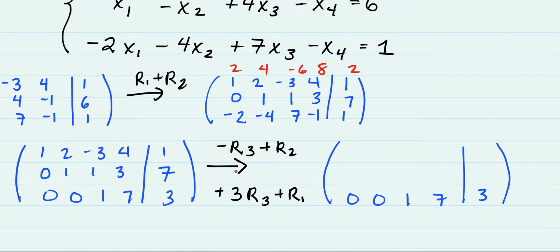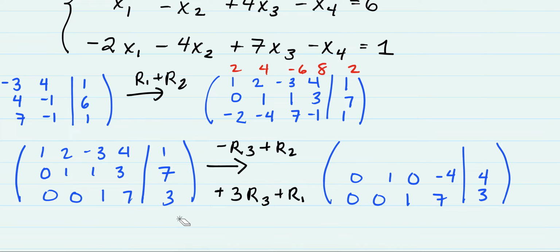Okay, let's take care of this one first. So I'm going to make this a -1, -7, -3. Add it to the top, the one right above it. So we get 0, 1, 0, -4, 4. Okay.